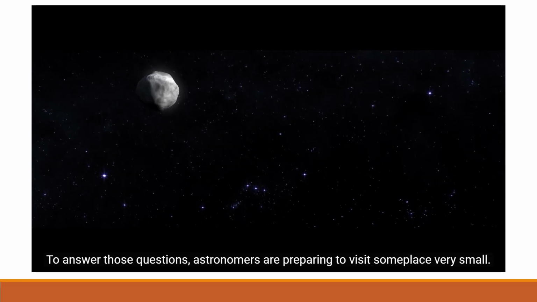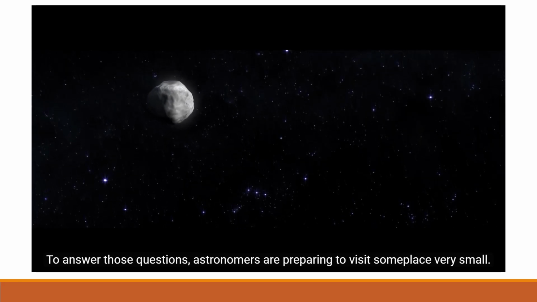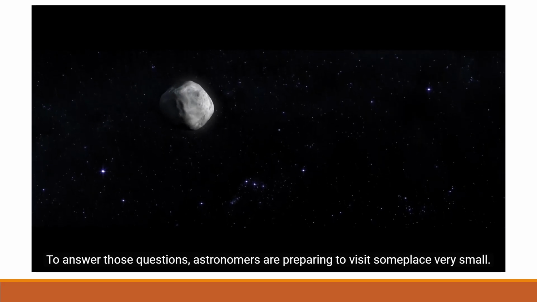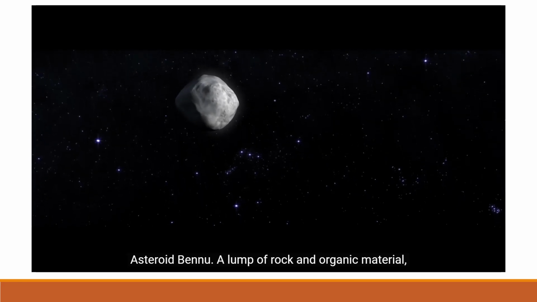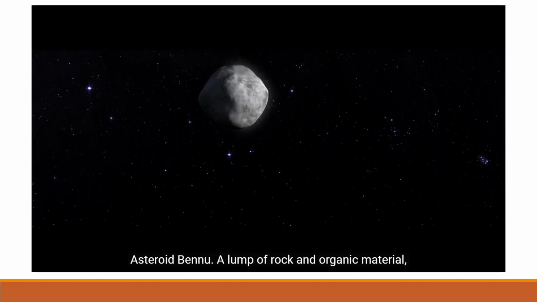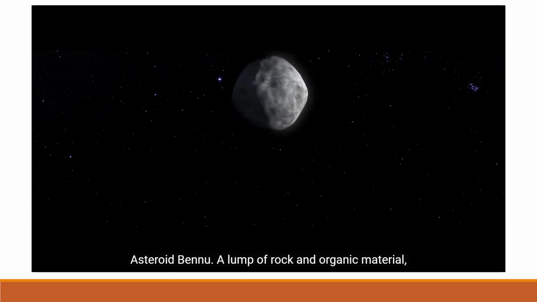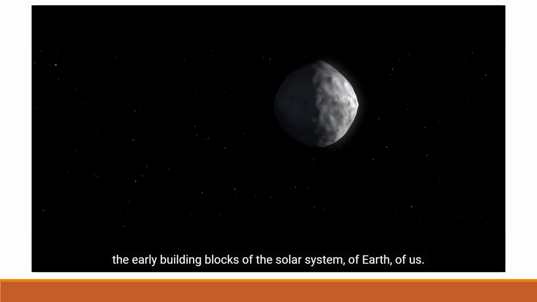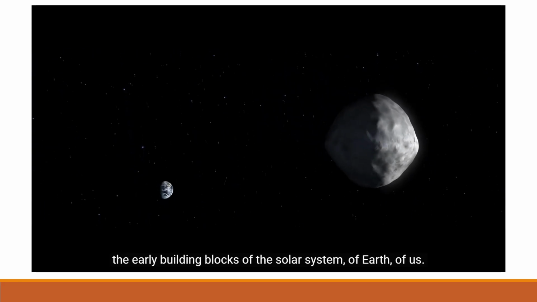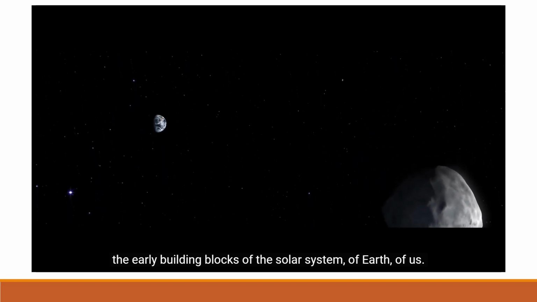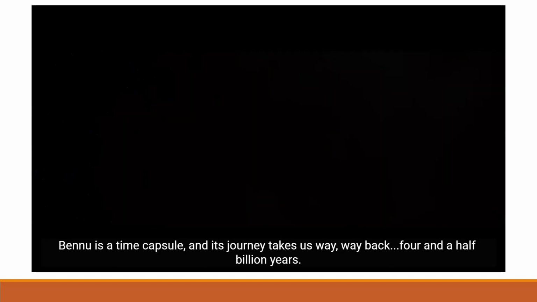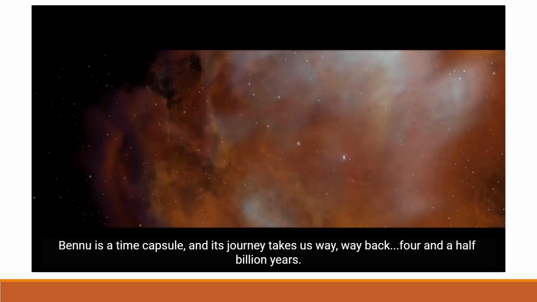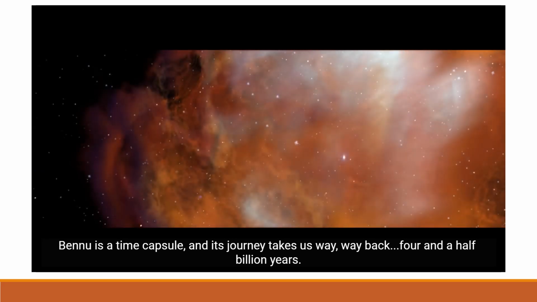To answer those questions, astronomers are preparing to visit someplace very small. Asteroid Bennu. A lump of rock and organic material, the early building blocks of the solar system, of Earth, of us. Bennu is a time capsule, and its journey takes us way, way back, 4.5 billion years.